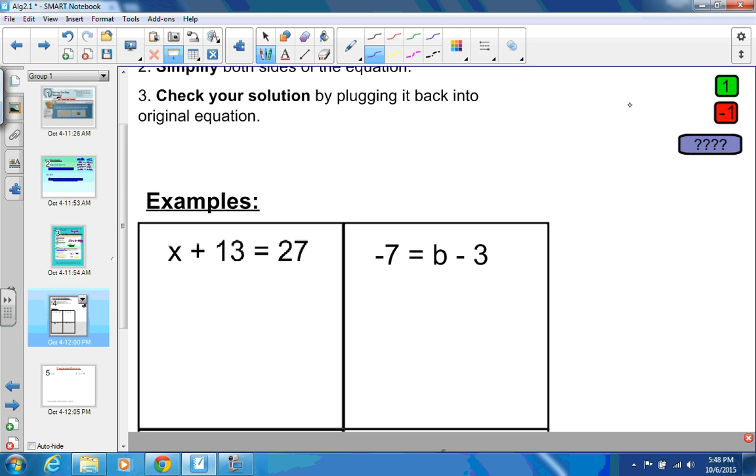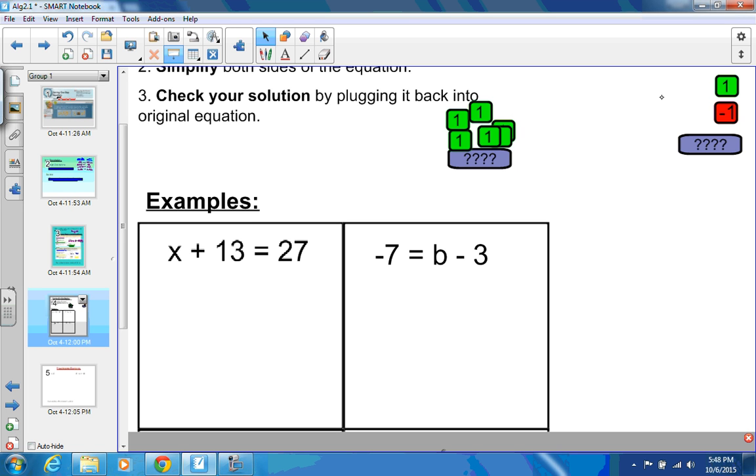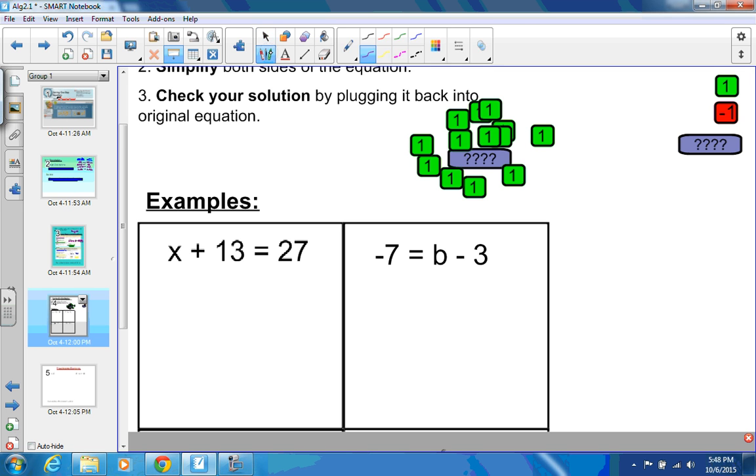My x is my question mark, and then I have 13 blocks. So we know that's all going to equal 27. I'll write it in green so we know we have 27 over here.